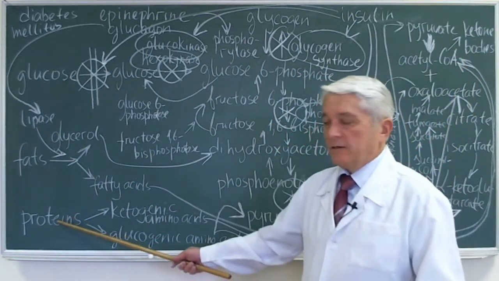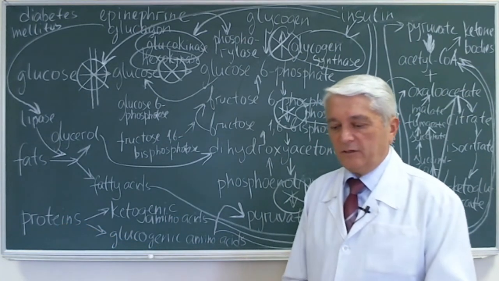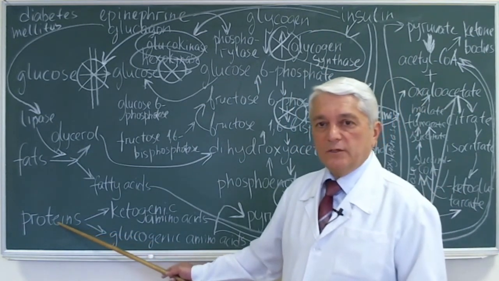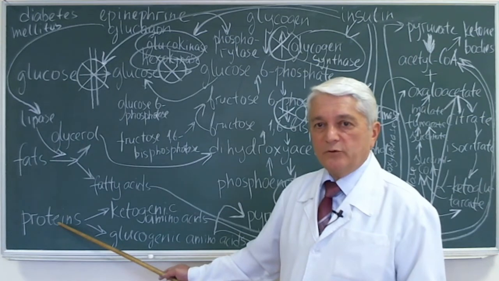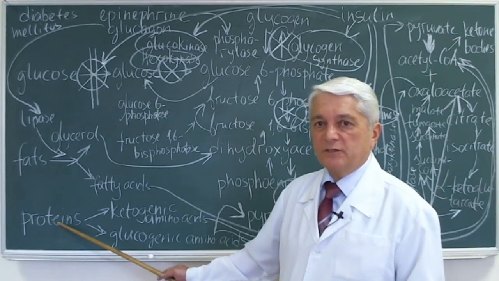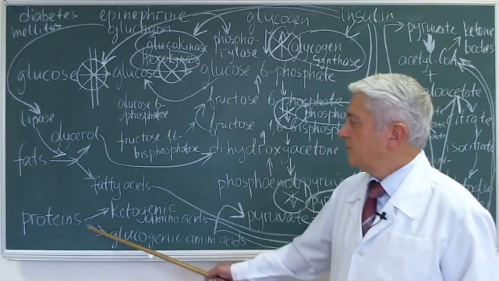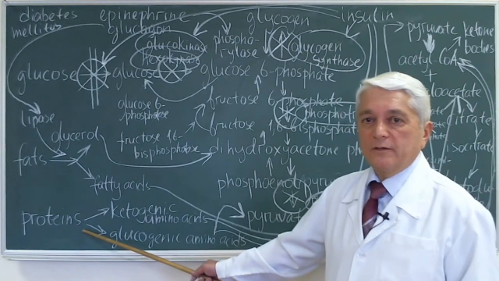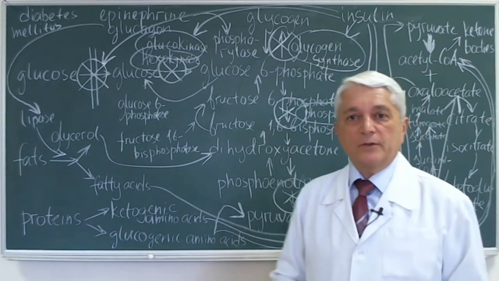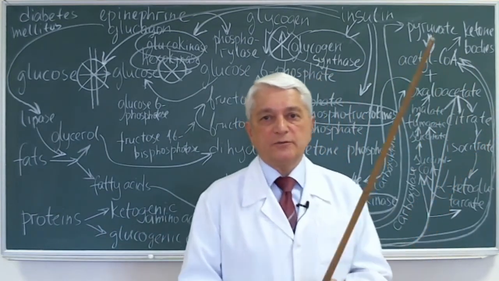But there is a degradation of proteins in the body of the patient. So very important proteins of the immune system, like immunoglobulins, receptors, proteins of the complement system, are used for producing some energy.